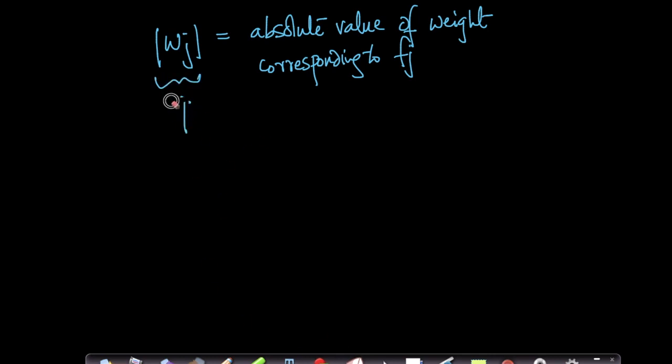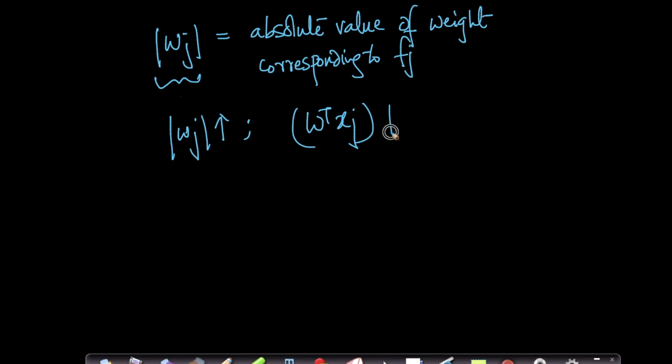Let's look at it diagrammatically. If this absolute value is large, whether it's positive or negative, that doesn't matter. If Wj is large, then its contribution to W transpose Xj is large.